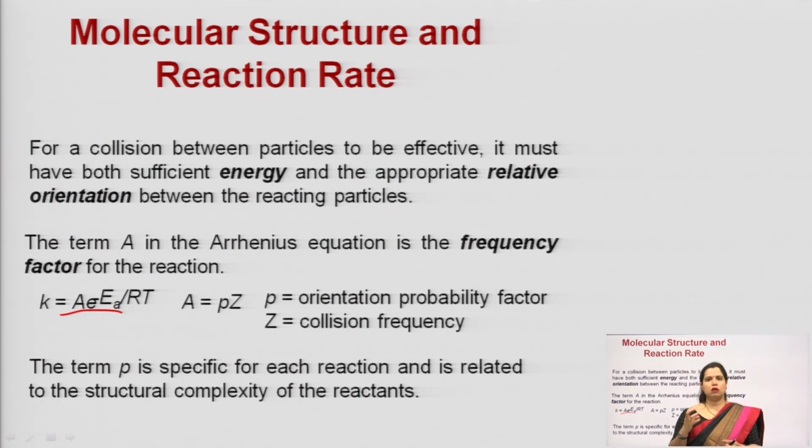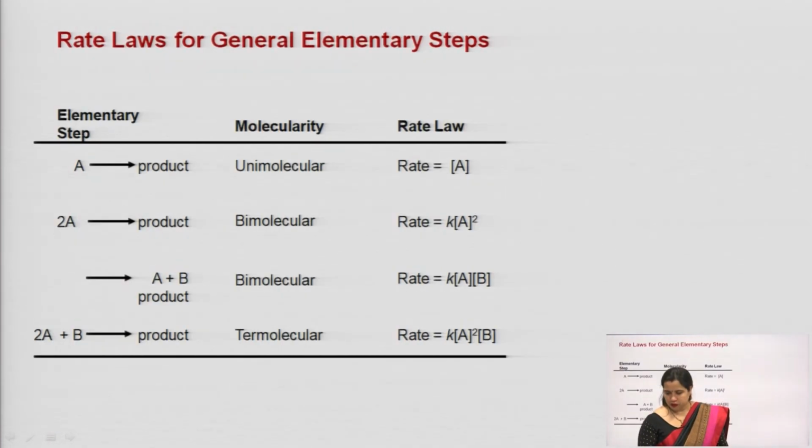Depending on its structural composition, the P value gives the orientation probability factor, and Z is the collision frequency. That is how we identify A, the frequency factor, using the Arrhenius equation.